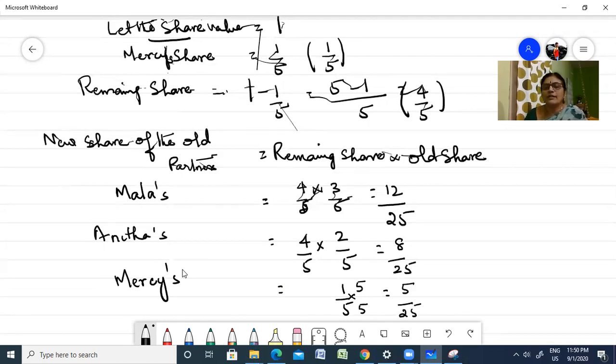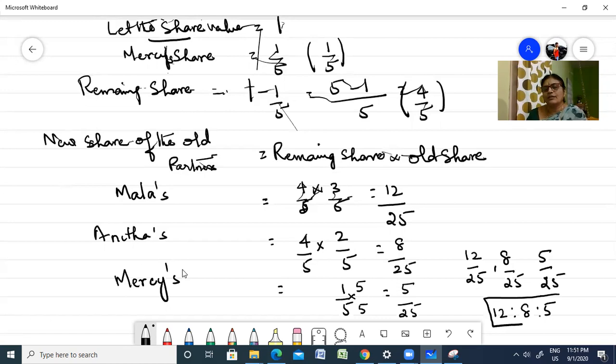So the new shares are 12 by 25, 8 by 25, and 5 by 25. The new profit sharing ratio is 12 to 8 to 5. I hope you understood this problem, children.